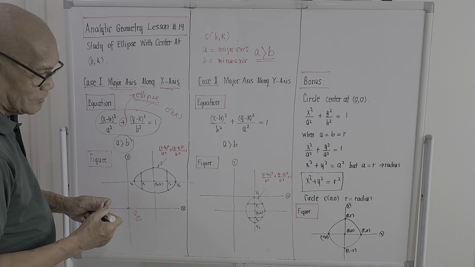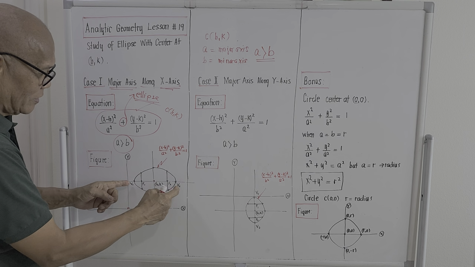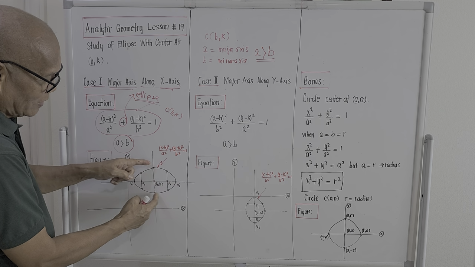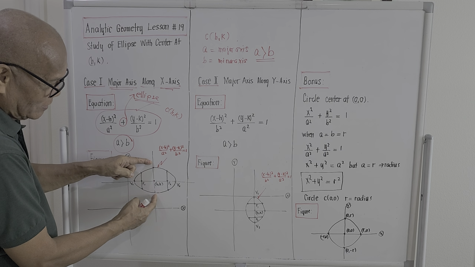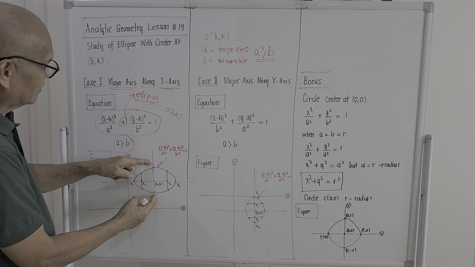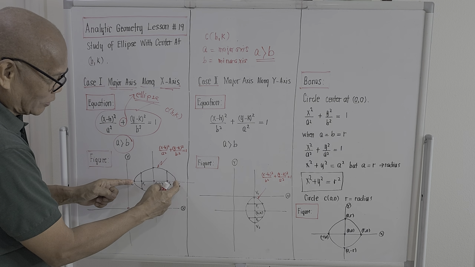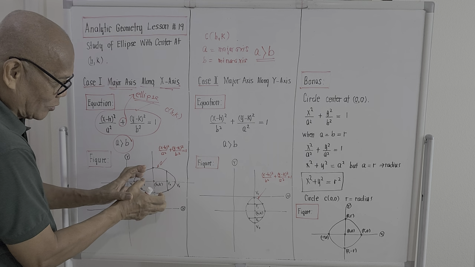As you can see, the longer length is this total distance here, 2a, and this is 2b. This 2a is greater than 2b. Like what I said, the major axis is along the x-axis, so this total length 2a is along the x-axis. So this is the corresponding figure.